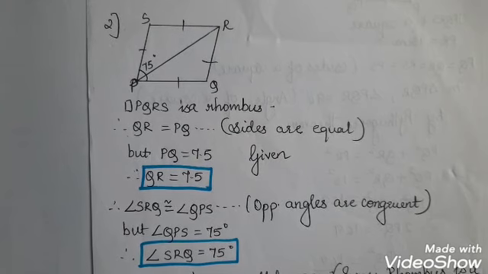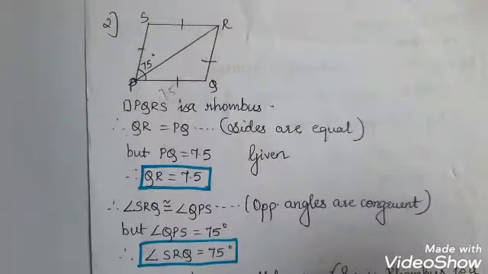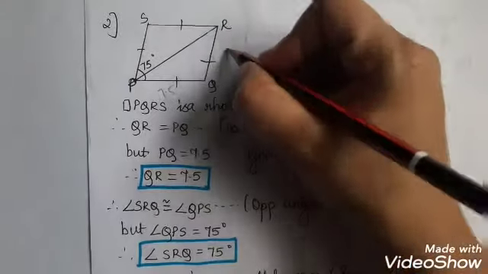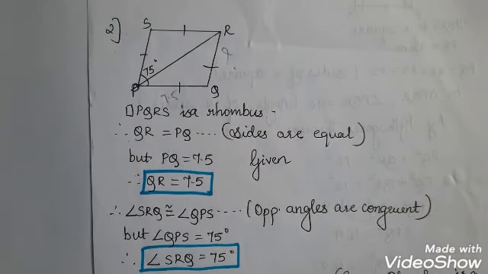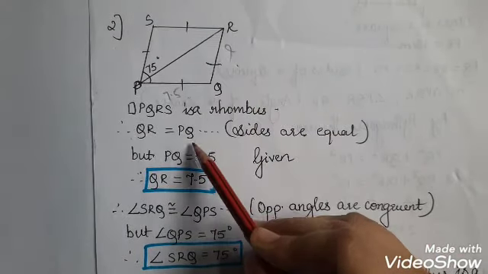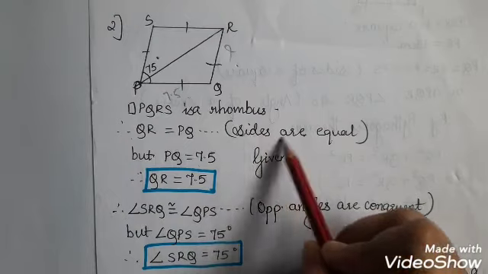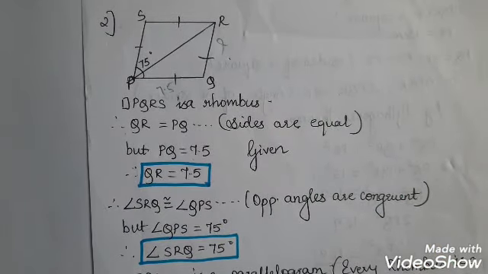Then find the length QR. Now PQ is given as 7.5. I have to find the length QR. PQRS is a rhombus, and in a rhombus, all the sides are equal. Right, so if PQ is 7.5, QR is also 7.5. Sides are equal. So I got QR as 7.5.